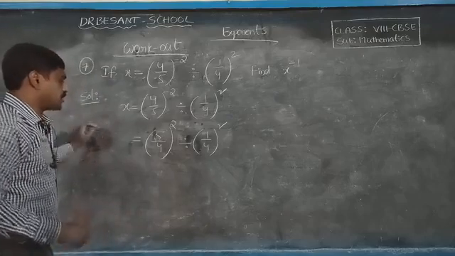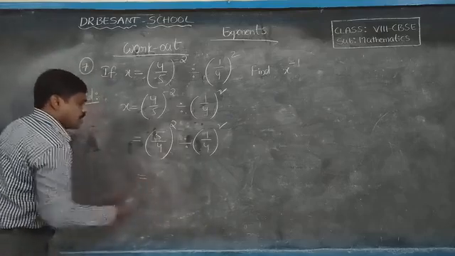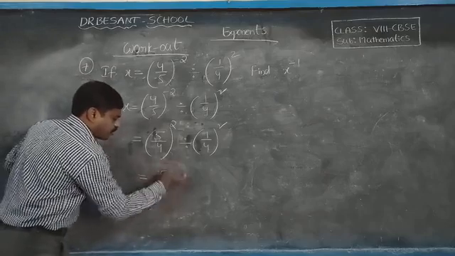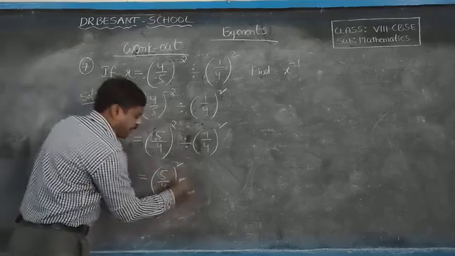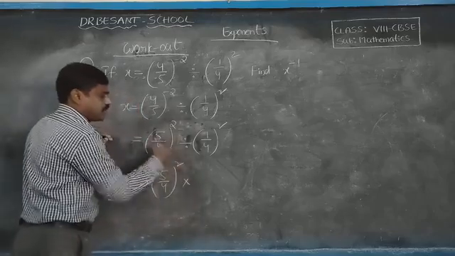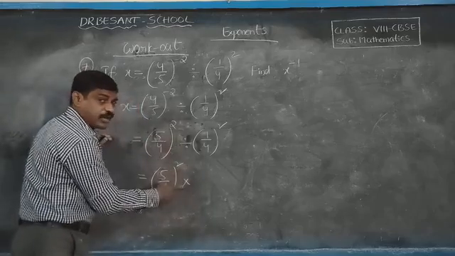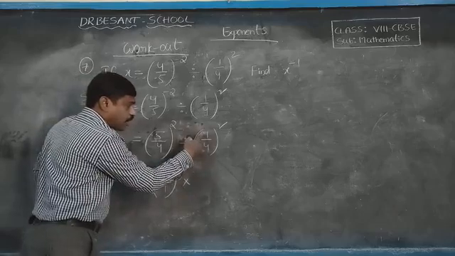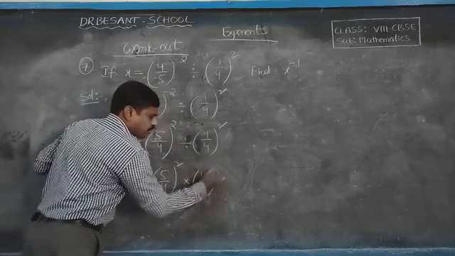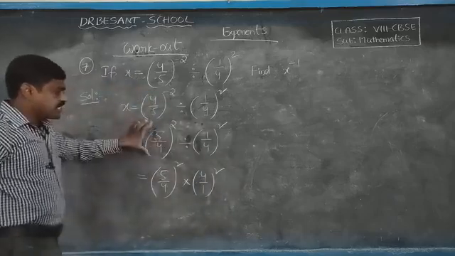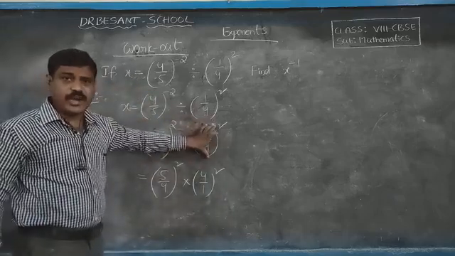Okay. Next. So that is equal to (5/4) whole square into, instead of divided by, I am writing into, multiplication. So the denominator (1/4) whole square will become (4/1) whole square. Actually this is the numerator, this is the denominator.